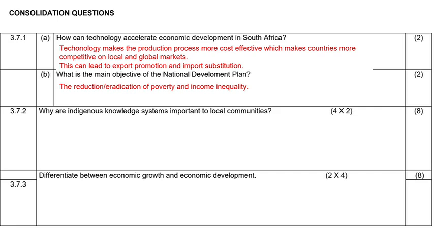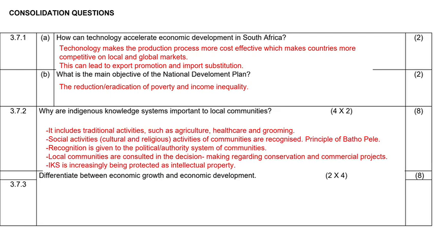Why are indigenous knowledge systems important to local communities? We've just done that just before this. It includes traditional activities such as agriculture, healthcare, and grooming. Social activities, we're talking about cultural and religious activities of communities are recognized.